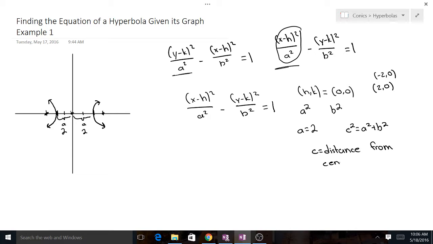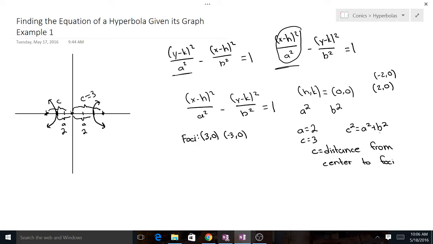Looking at this graph, we know that this distance right there is c, and this distance right here is c. Our foci are at 3, 0 and negative 3, 0. The center's at 0, 0, so we know c is just 3. It's 3 units away. So c is 3, and we have a equals 2.